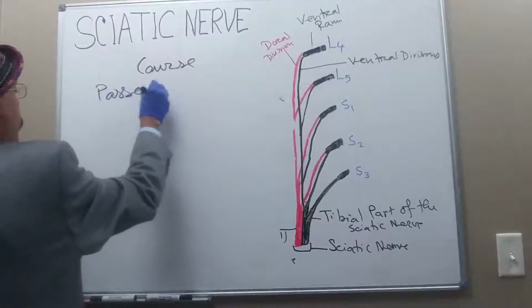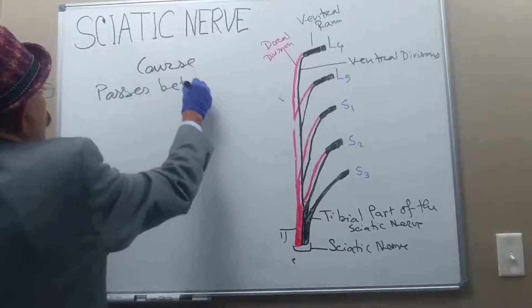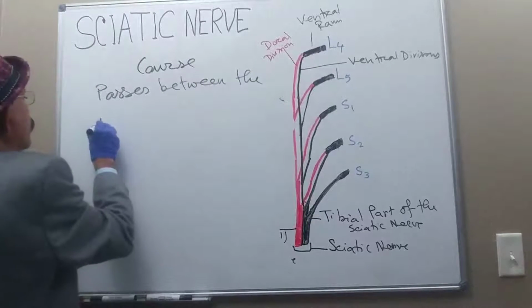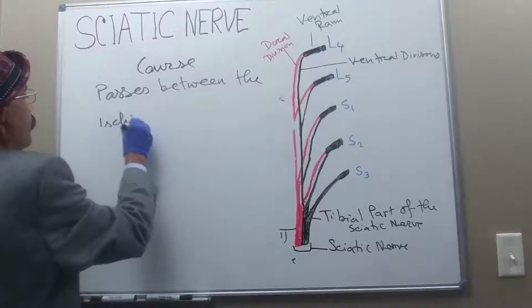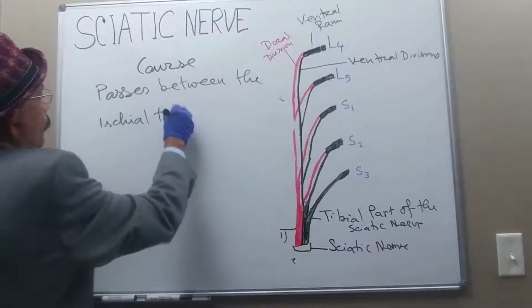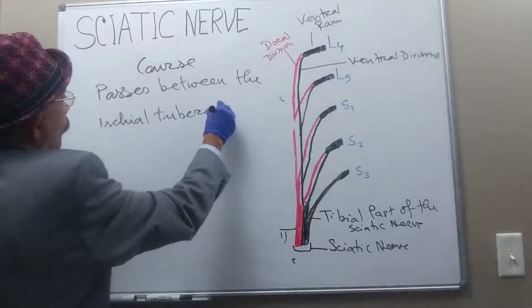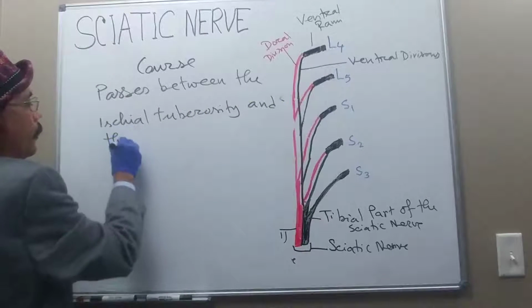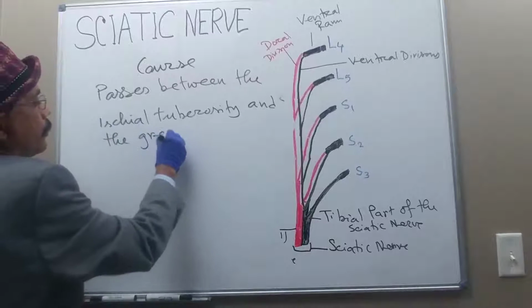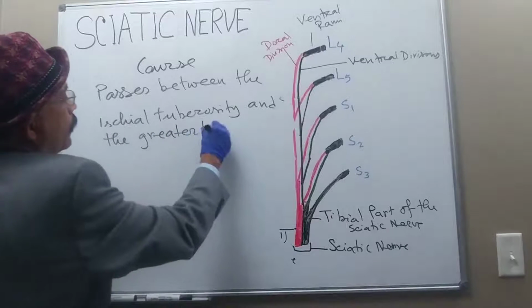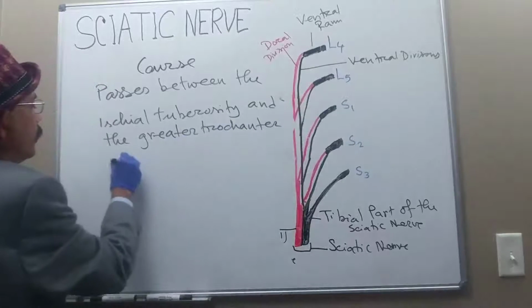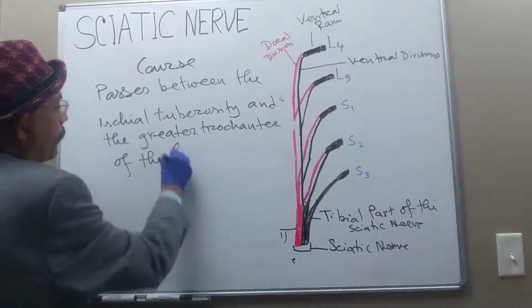It passes between the ischial tuberosity and the greater trochanter of the femur.